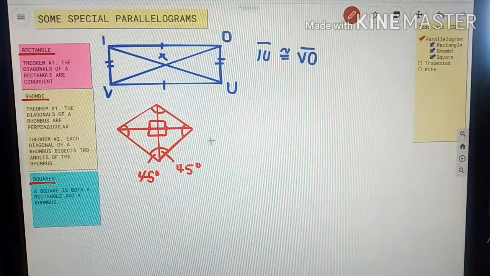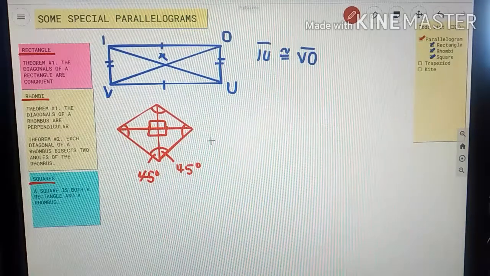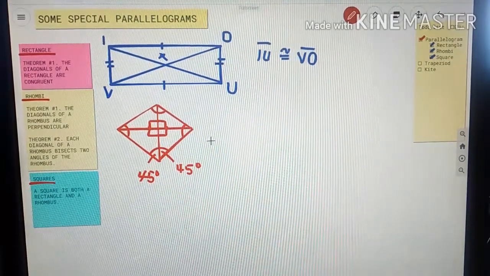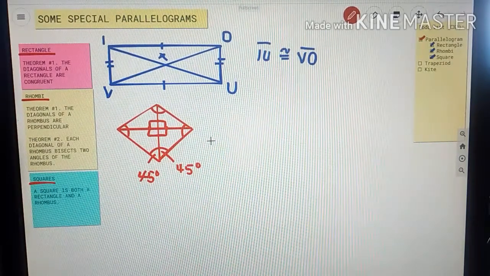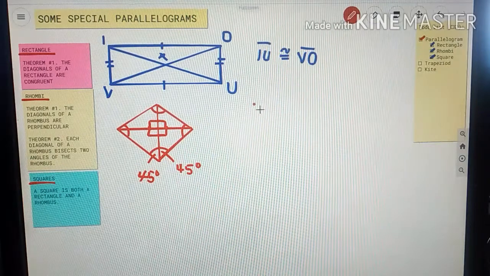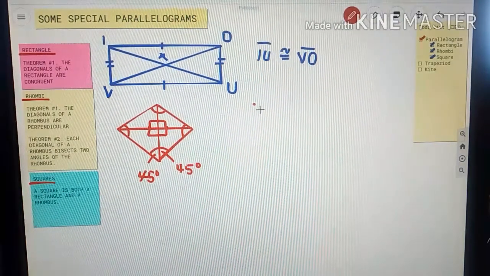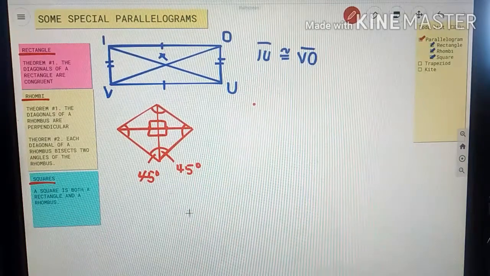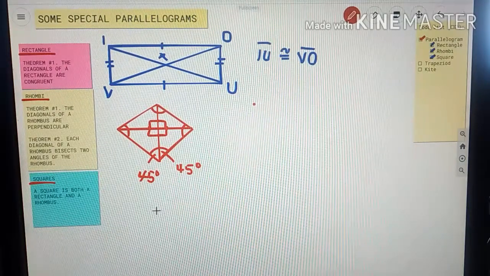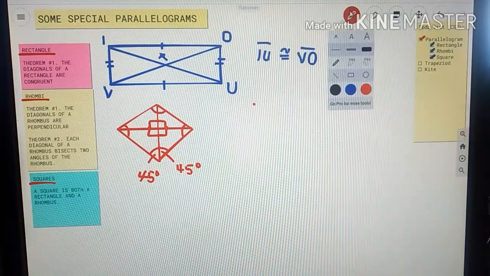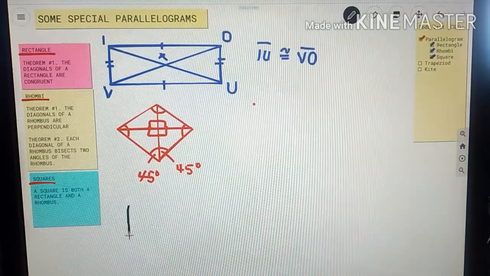So let's proceed to the square. A square is both a rectangle and a rhombus. It has properties of the two other special parallelograms. So a square has four congruent sides. Let's try to illustrate a square here.